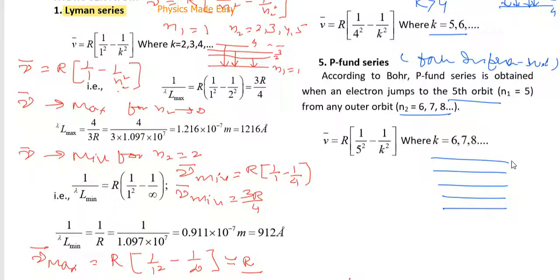I will take fifth level, sixth level, seventh level, eighth level, ninth level. Now if electrons fall in this first line, second line, third line, fourth line, in this way this is the Pfund series. So in this way various series are formed.